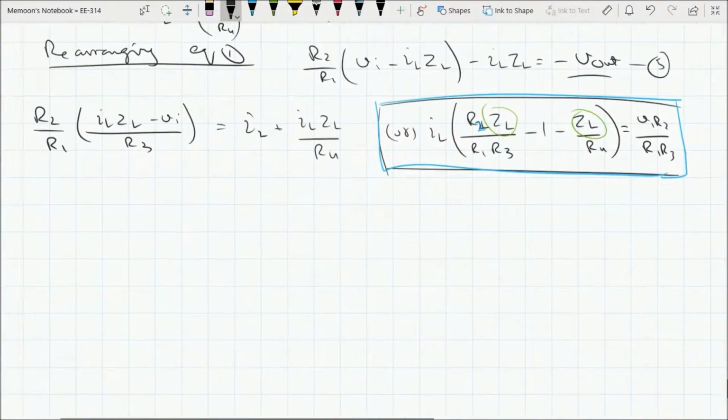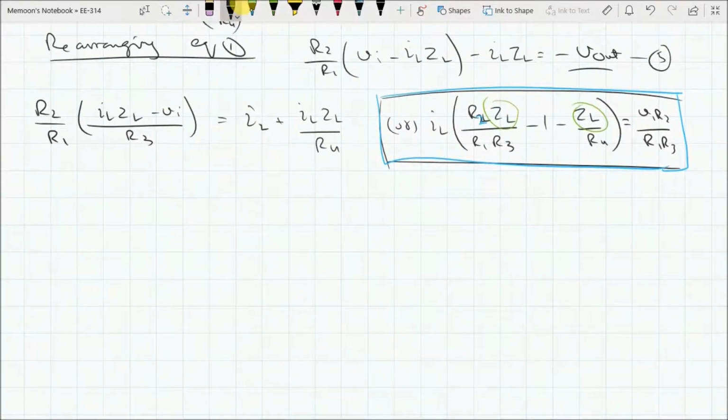This will become independent of the ZL when the coefficient of ZL becomes 0. And when will it become 0? Here is a positive sign and here is a negative sign. To make this expression 0, we have to set R2 over R1R3 equal to 1 over R4.